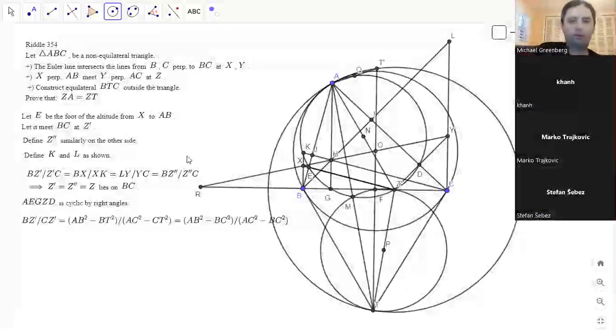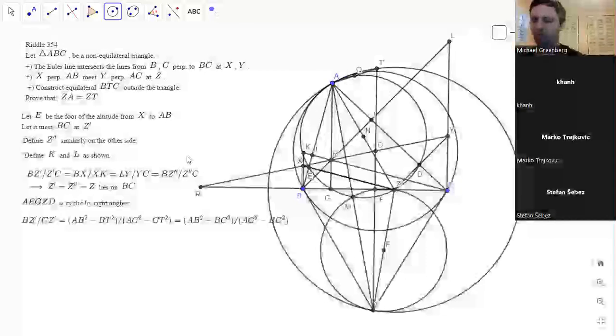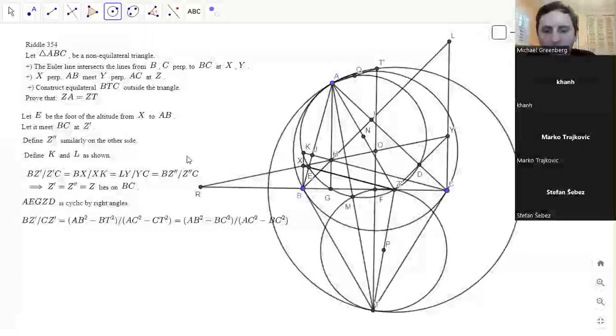Let me write this on paper. So RB over RZ would be HG over CY. And then RC over RZ is HG over BK, or BX.